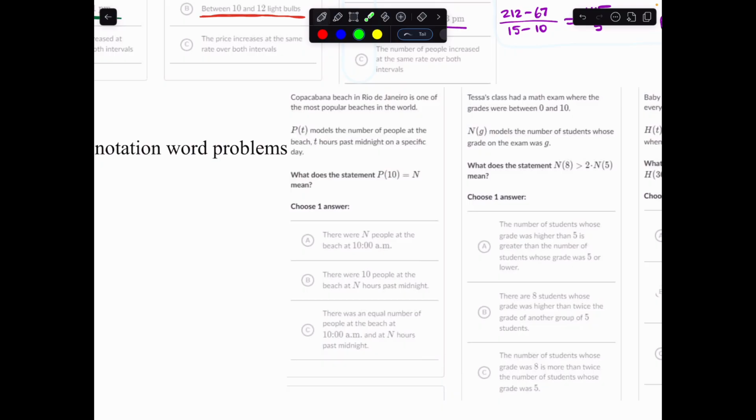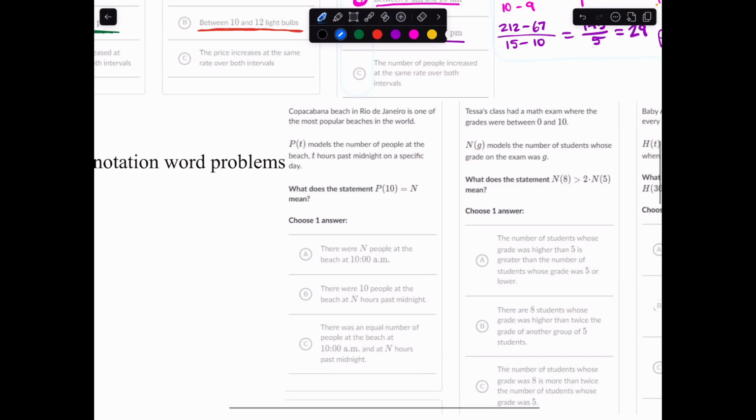So right off the bat, they're telling us that P of T, the letter P, this is our output, and it's the number of people, where T is hours. T is an amount of hours. It's a time. So that means this number 10 here, we're talking about 10 hours after midnight, which would be 10 a.m., right?